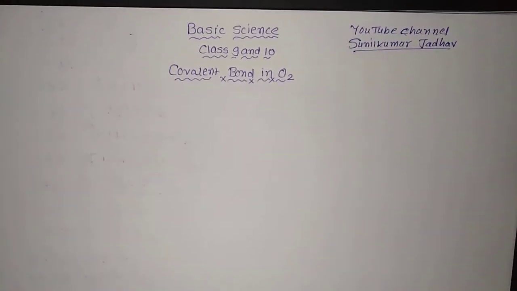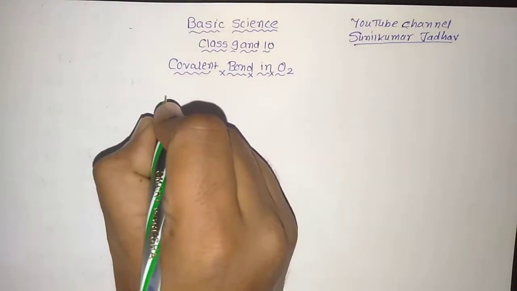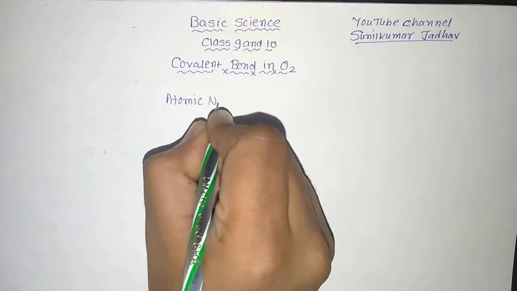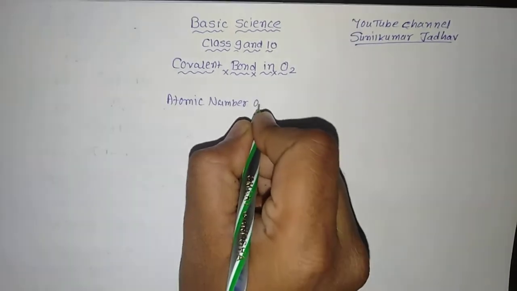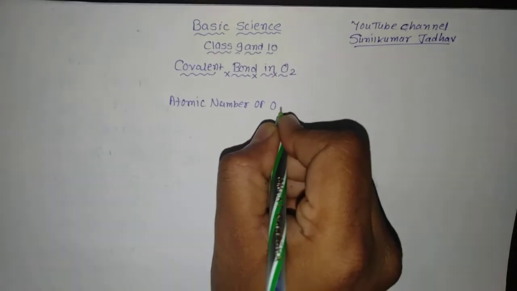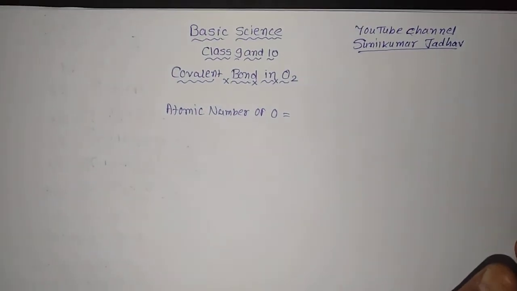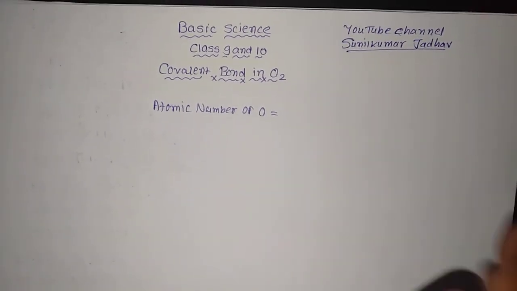When we are talking about oxygen, first of all we have to remember the atomic number of oxygen. We'll write it: atomic number of oxygen element. You know, oxygen is at number 8 in the periodic table, which means its atomic number is 8.